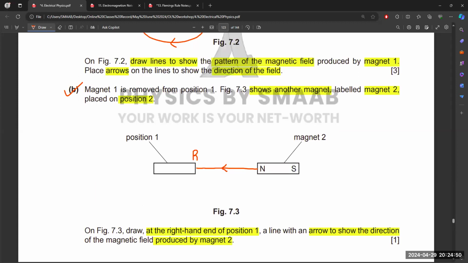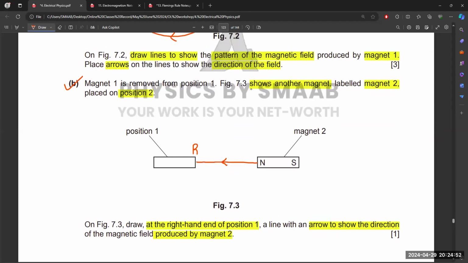Because in both statements, if you compare them, the earlier one asks you to draw lines to show the pattern of the magnetic field. So this is completely different. And in this statement, you can see the right hand of position 1. So in both questions, these are not the same. They are asking different things.